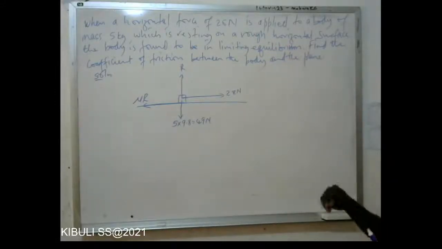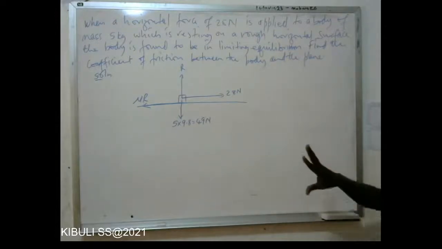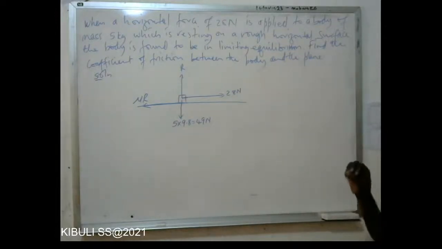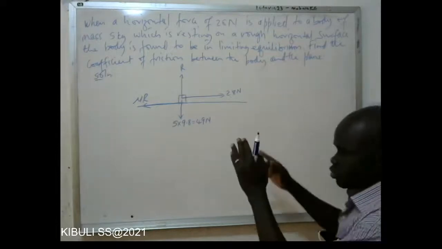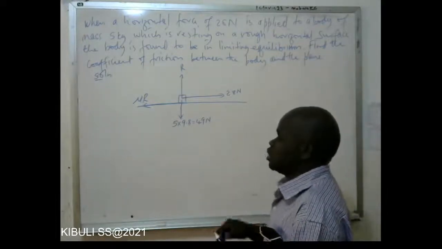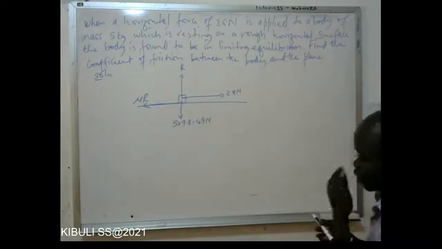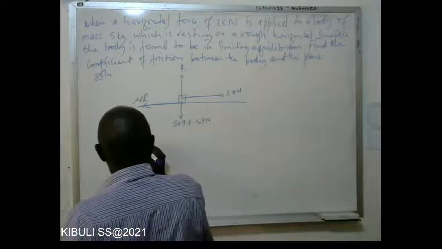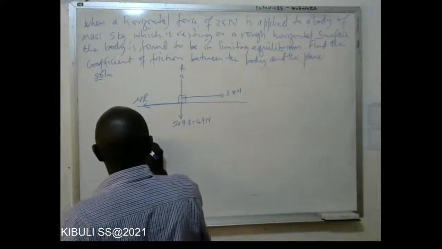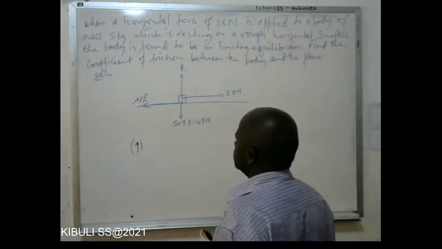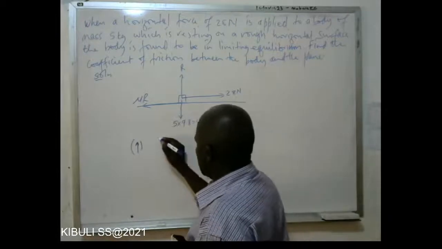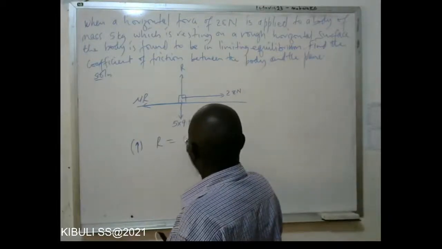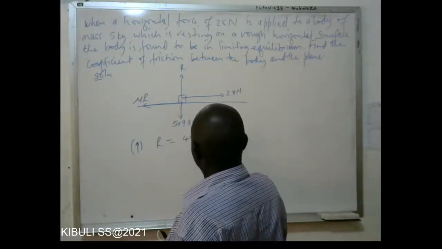Now, since the body is in a limiting equilibrium, the body is not moving. So the friction is maximum. When we resolve the forces in any direction, the resultant force must be 0. So let's resolve the forces vertically. When we resolve the forces vertically, we are going to say that R is equal to 49 newtons.